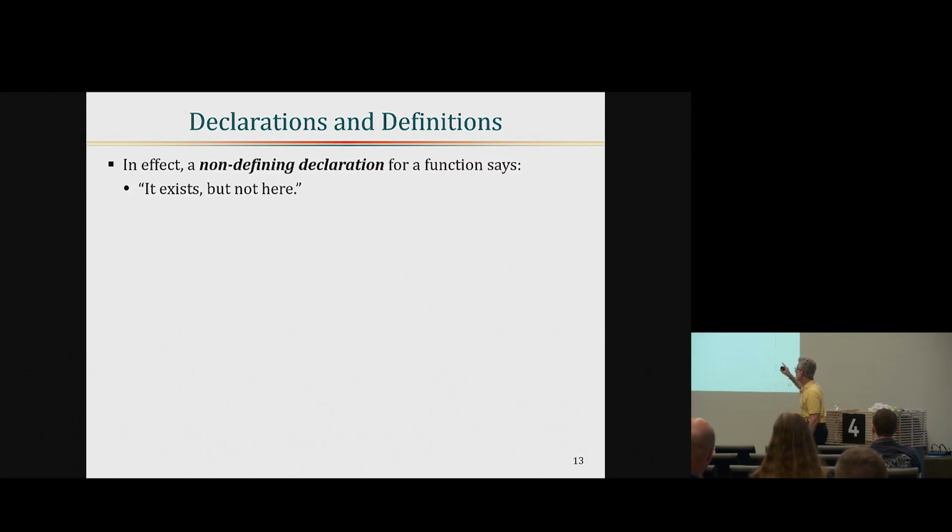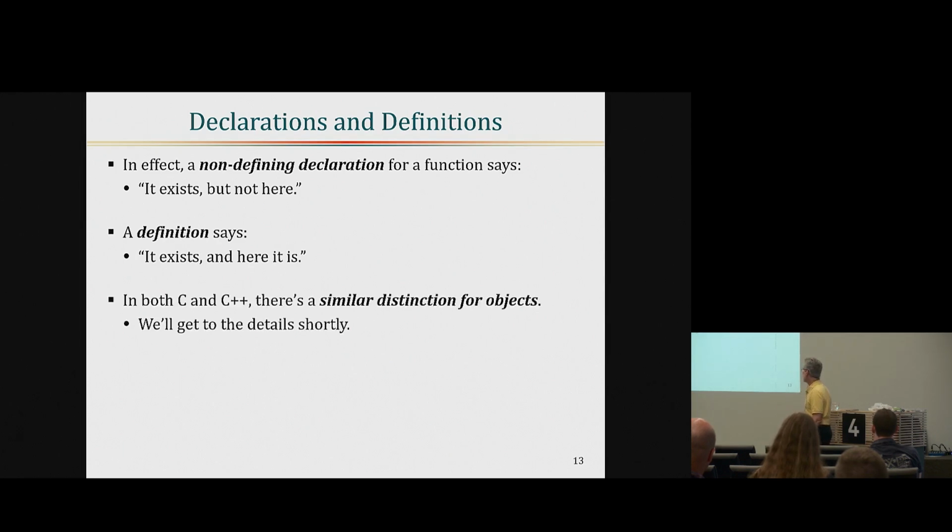So once again, a non-defining declaration for a function says it exists but not here. The definition says it exists and here it is. And that's generally true with other things like objects. It's generally true with classes and templates as well in C++.